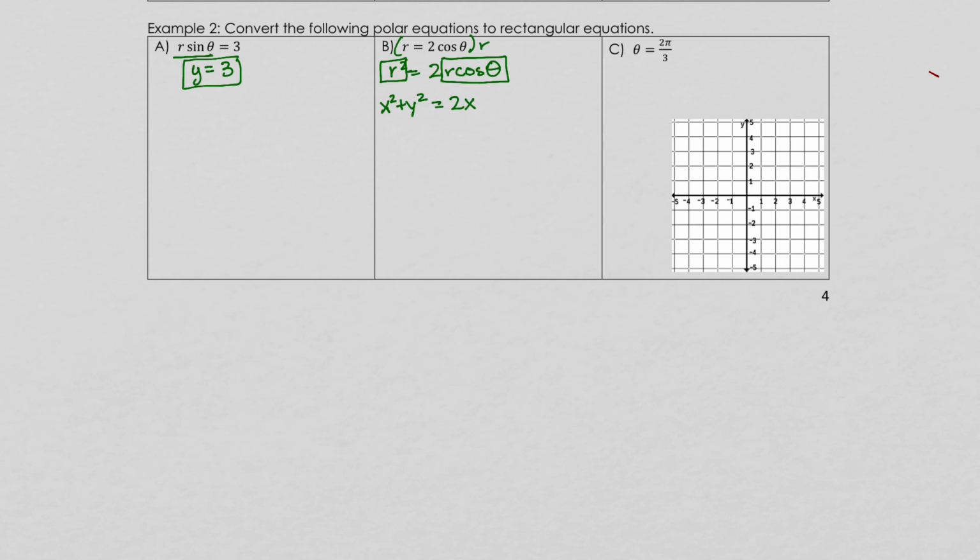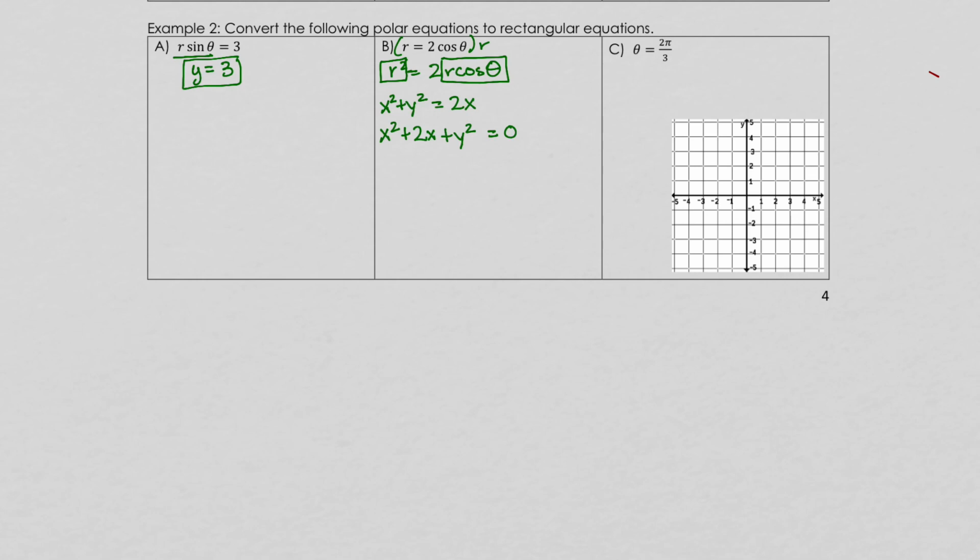Okay, remember, to get it into rectangular form, we have to get rid of r and we have to get rid of theta. So we have to use those substitutions. So from here, let's move that 2x to the same side. So I get x squared plus 2x plus y squared equals 0.